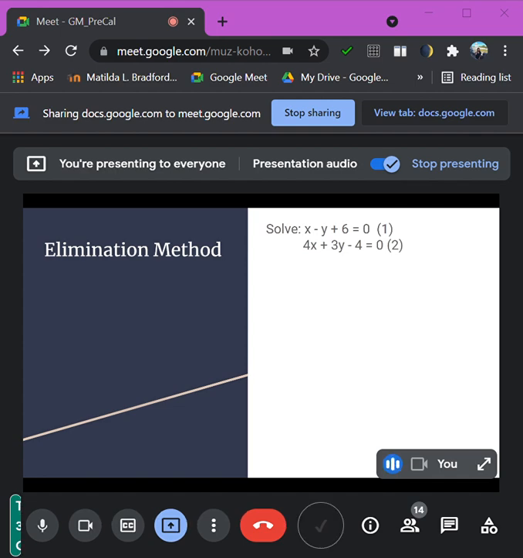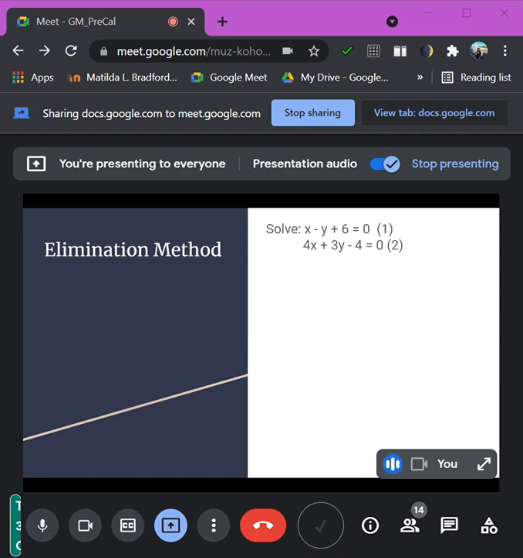So we have here x minus y plus 6 is equal to 0. That is still our equation number 1. And then 4x plus 3y minus 4 is equal to 0. That is equation number 2. So we need to find ways nga naay makancel nila.